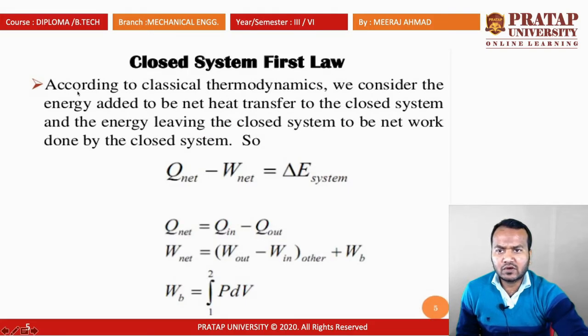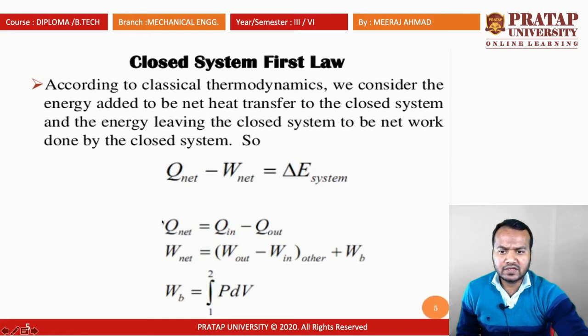Closed system first law. According to classical thermodynamics, the energy added is the net heat transfer to the closed system and the energy leaving the closed system is the net work done by the closed system. So, this equation is for the process only: net heat minus net W is equal to the change in total energy of the system.